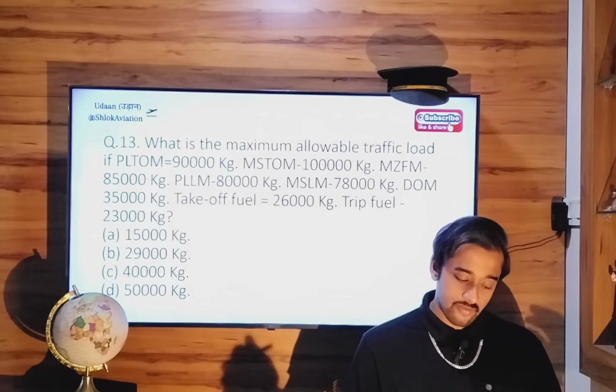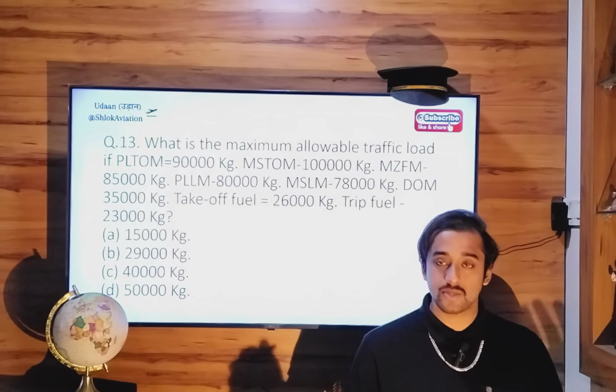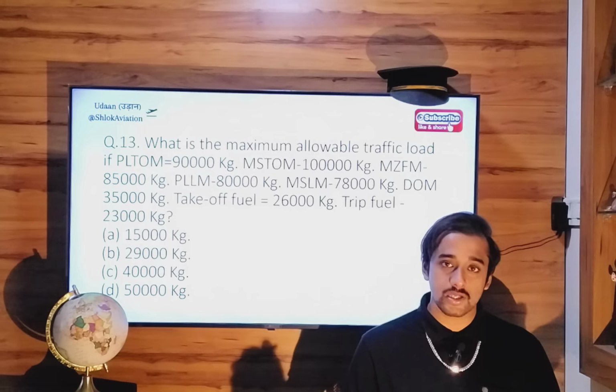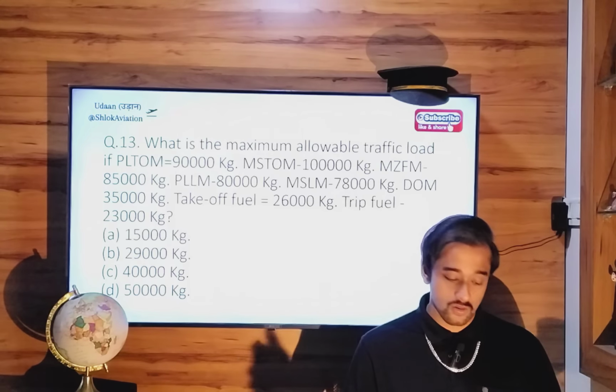Let's go to question 13. Again, what is the traffic load if performance takeoff mass, structural takeoff mass, zero fuel mass, performance landing mass, maximum structural landing mass, DOM, takeoff fuel and trip fuel are given to you? So again, start with your step 1. Three columns: takeoff, landing and zero fuel.